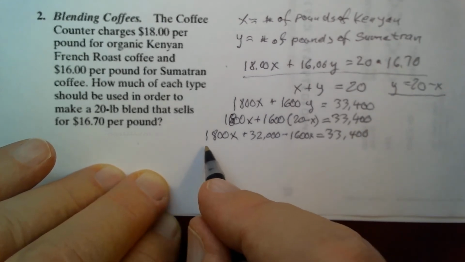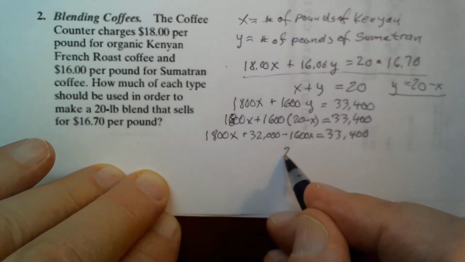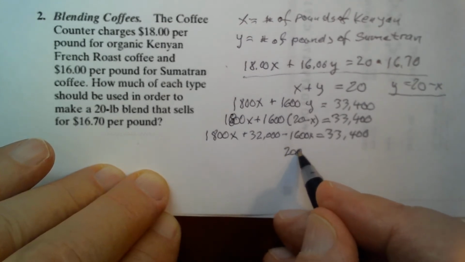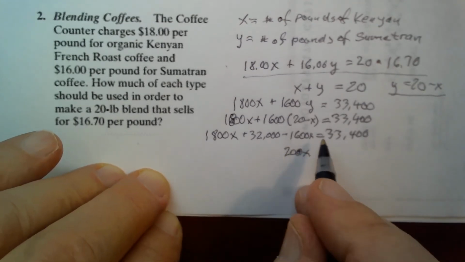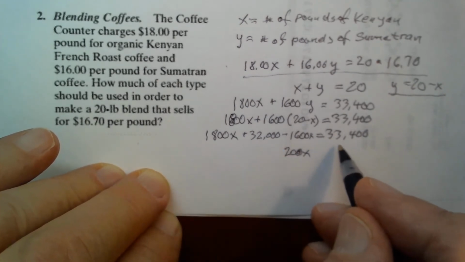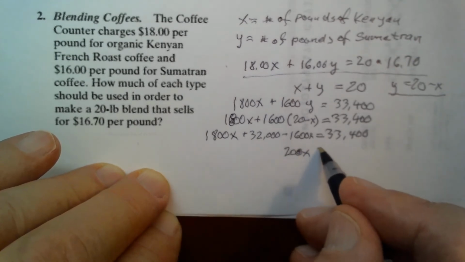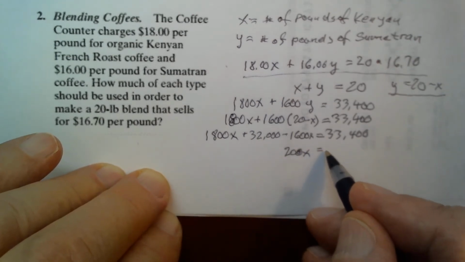Combining like terms, 1,800x minus 1,600x is 200x. And when we subtract 32,000 on both sides, then 33,400 minus 32,000 is equal to 1,400.